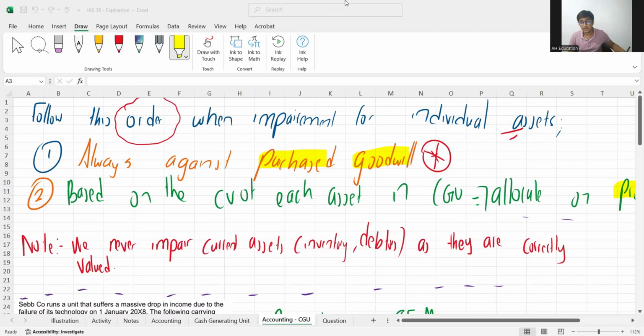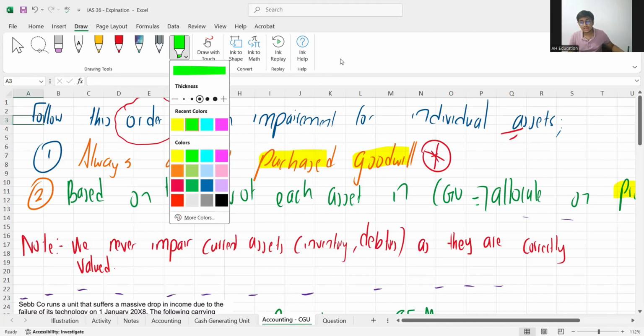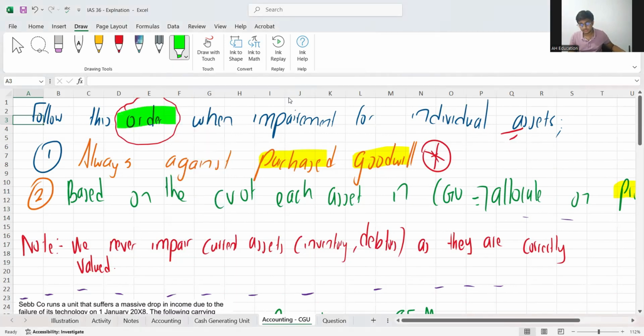But there is an order that you need to follow when allocating your impairment expense across your assets.